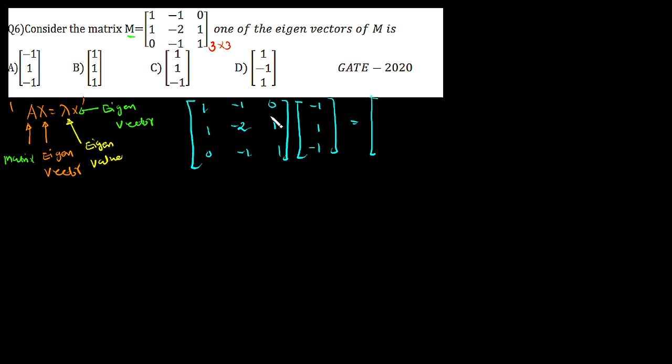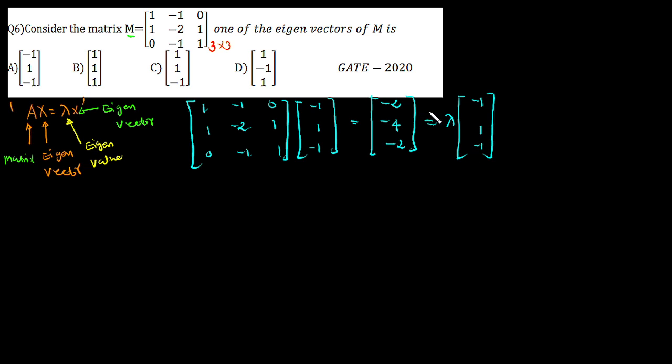So here the first entry will be -2, and now the second entry will be -4, and the last one is again -2. So now let's try to find some scalar here to represent the resultant vector in this form, lambda times x, and here the x is our initial vector. In this case the initial vector is this one, -1 1 -1.